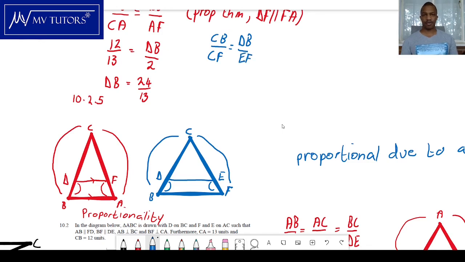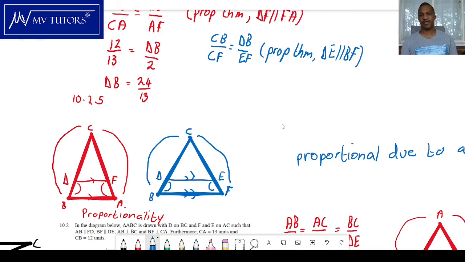Now let's put the numbers right away. Oh, and the reason we're doing this is proportional theorem. This is the proportional theorem, and the parallel line here is DE. DE is parallel to BF. Cool.